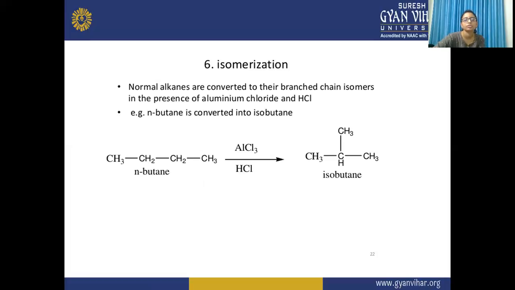So here 10 hydrogens are there. And in case of isobutane also 10 hydrogens are there. So n-butane and isobutane are having the same molecular formula, but their molecular structure is different.